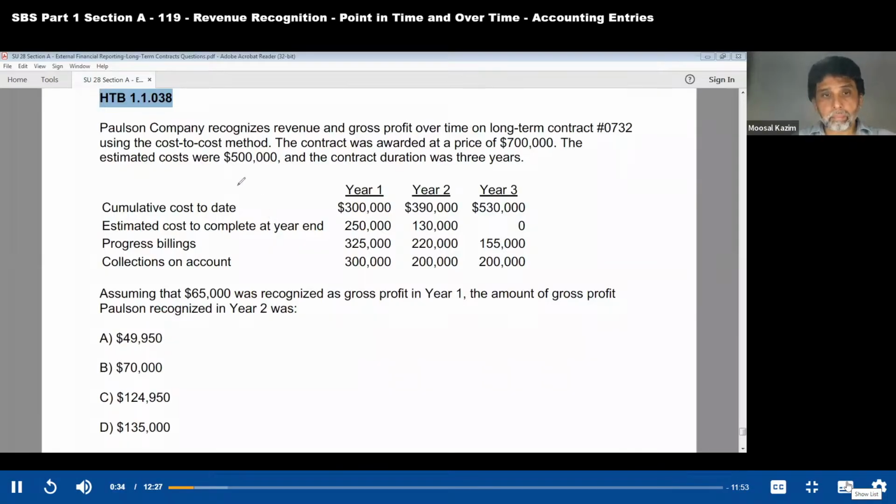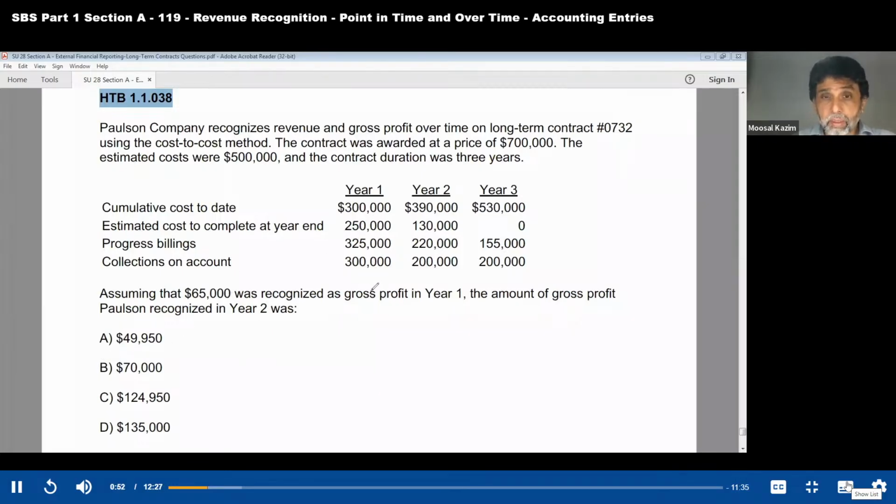Year 1 was already given. So 65,000, we calculated for year 2, which is 70,000, and year 3, which was 35,000. So we have done this for all the years, even though that asked only for year 2.